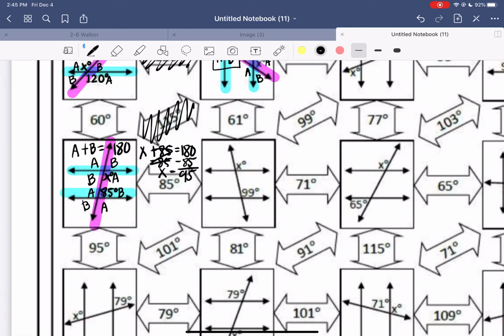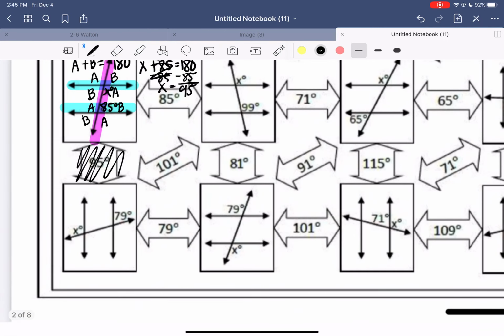Which leads us this down. So this takes us down to this corner. So we have our two parallel lines being cut by a transversal. And I'm going to fill in my A's and B's.